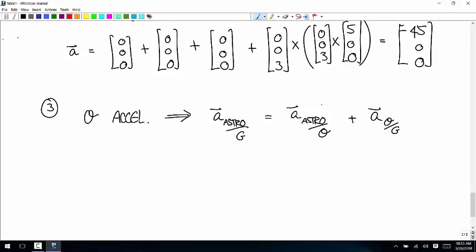And then this is where the term where we're going to have to deal with the rotating coordinate system.